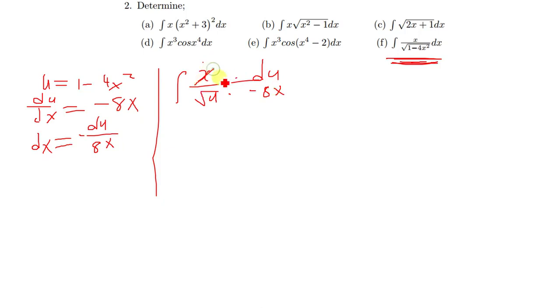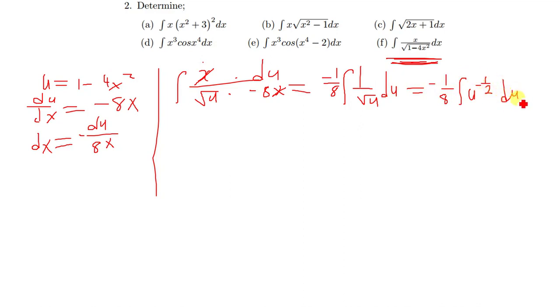You can see that this x and that x will cancel, then we're just going to remain with negative 1 over 8 this side, then integral of 1 over the root of u du. So this can also be written as negative 1 over 8, the integral of u to the power negative half, and then du, like that.